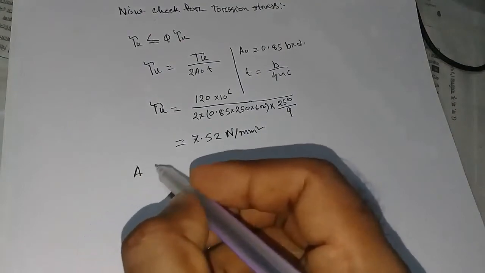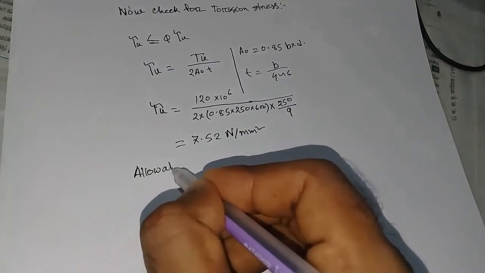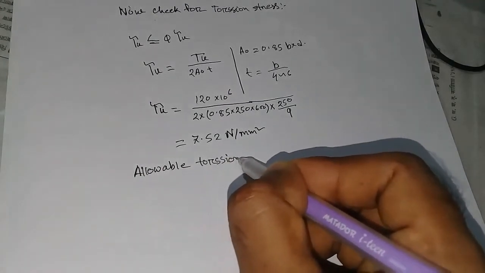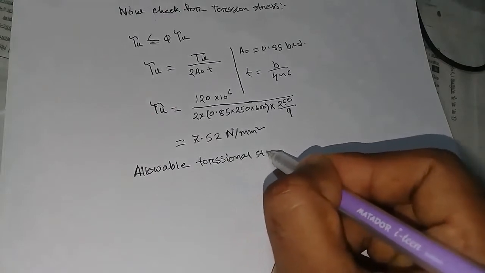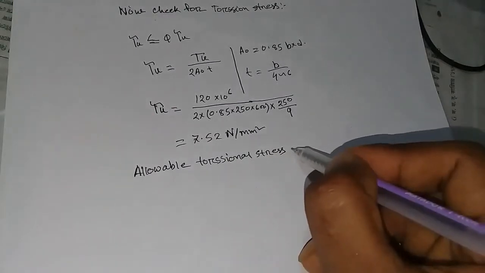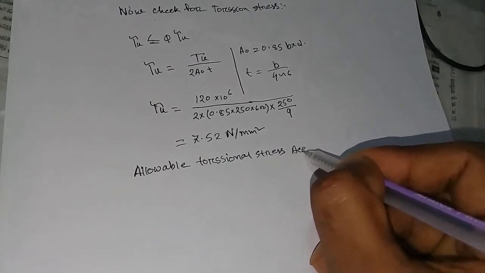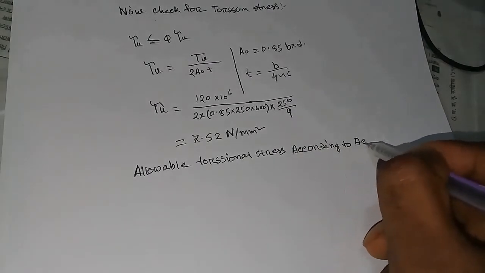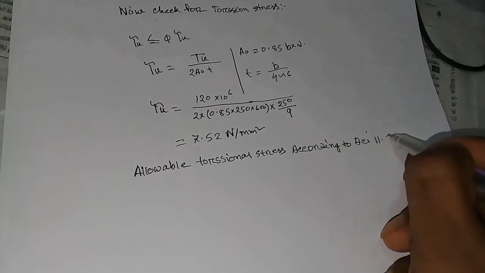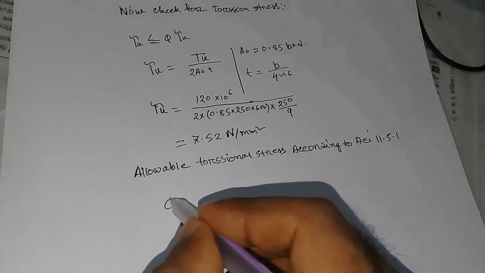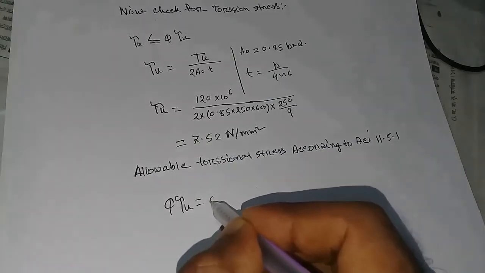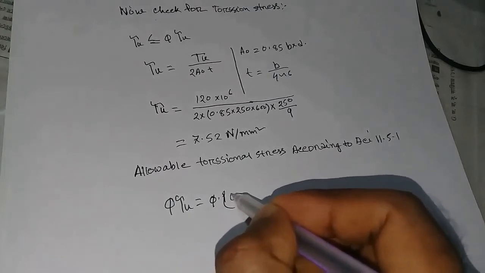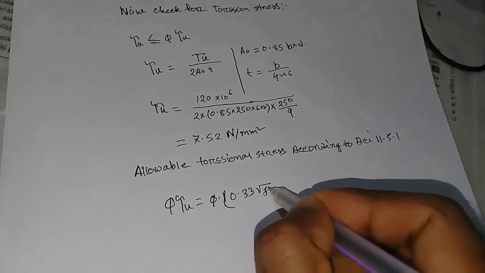Now the allowable torsional stress according to ACI 11.5.1: phi tau u equals phi of 0.33 root over f prime c.